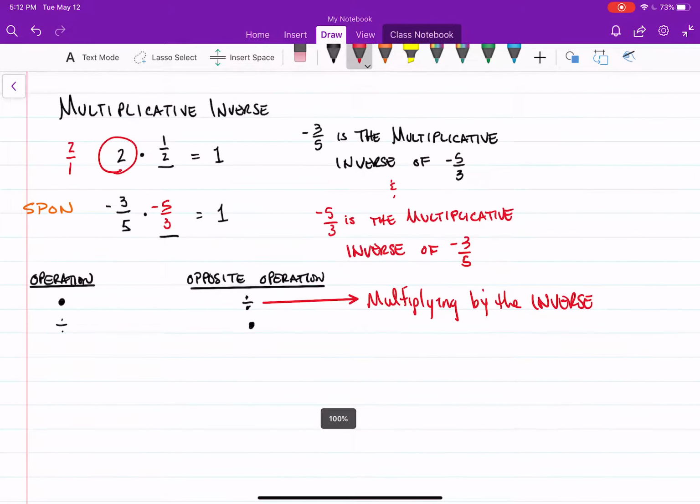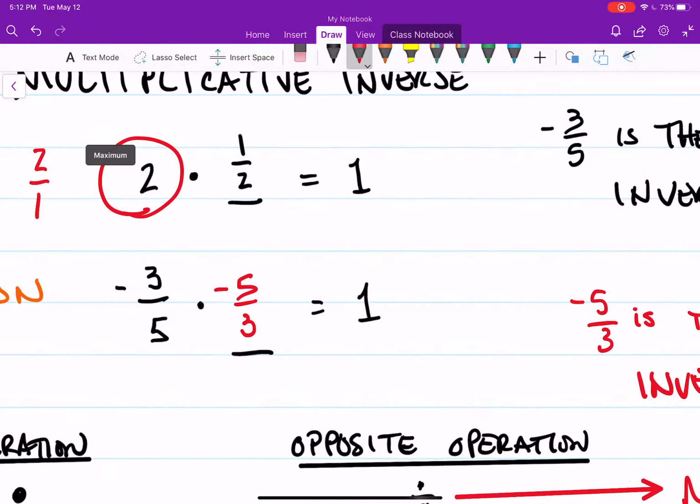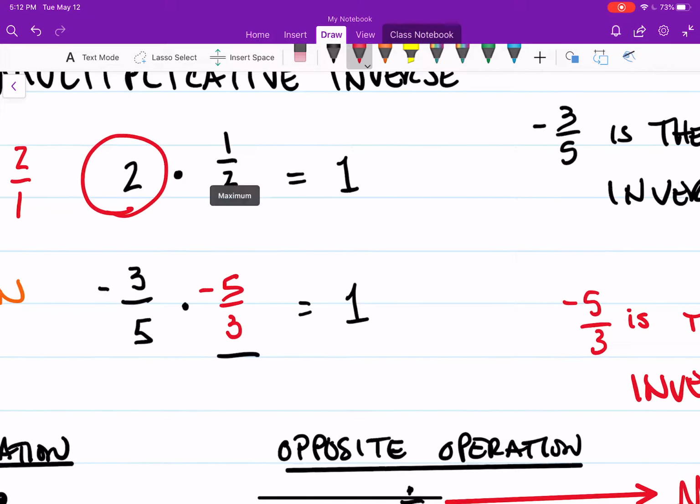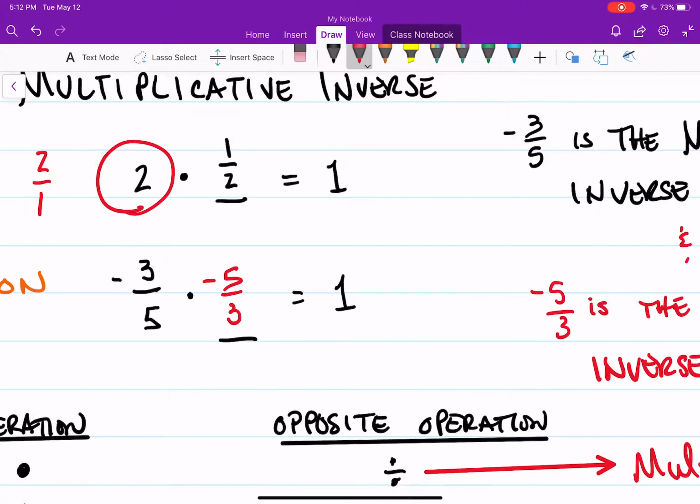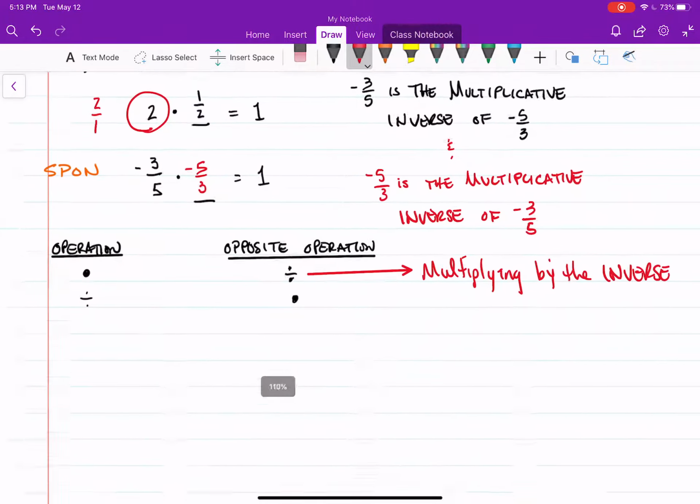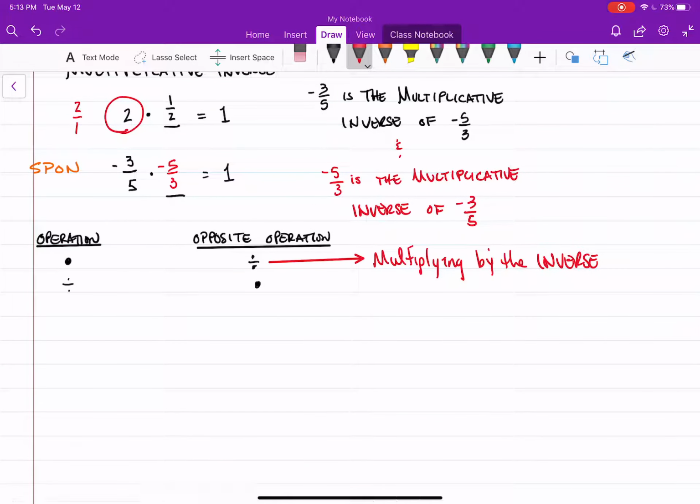Okay, so if I had a 2 that I can multiply by 1/2, which multiplied by 1/2 is the same thing as dividing by 2. Okay, and you're like, what do you mean?